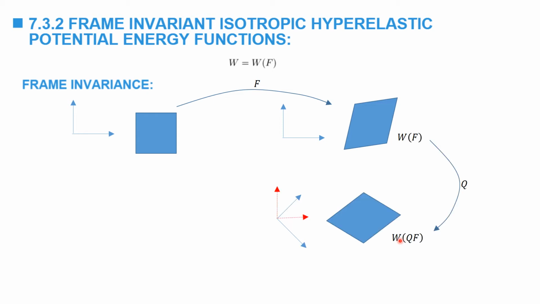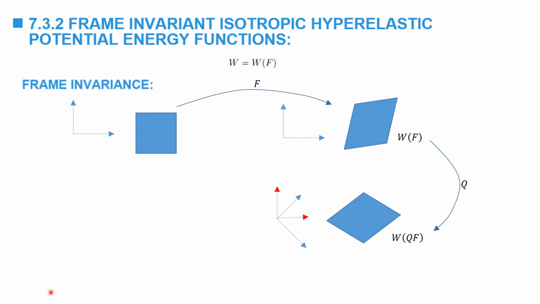So basically, if we rotate the object in space after this deformation, then the final energy would be equal to W of QF. You can think of this as deforming the object by F and then rotating it by Q. The final energy should be the same under this rigid body motion or under a simple change of coordinate system.